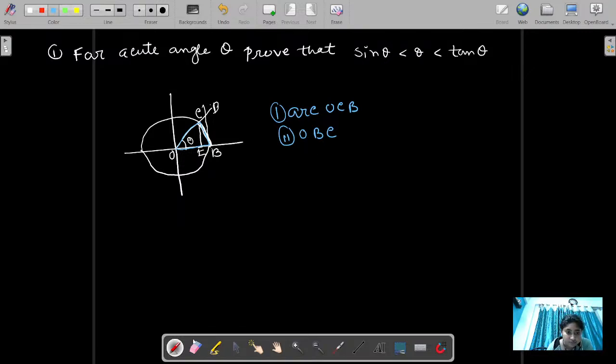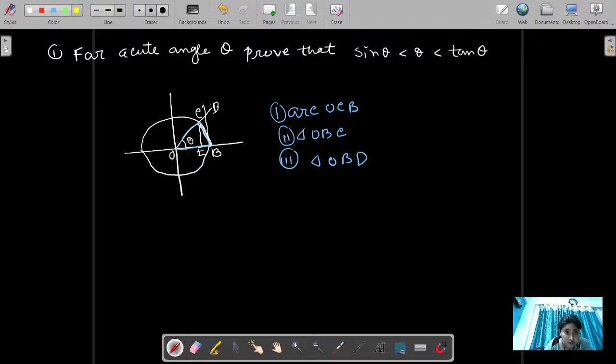So triangle OBC, and I have got what? Triangle OBD, right? Let me highlight in yellow.